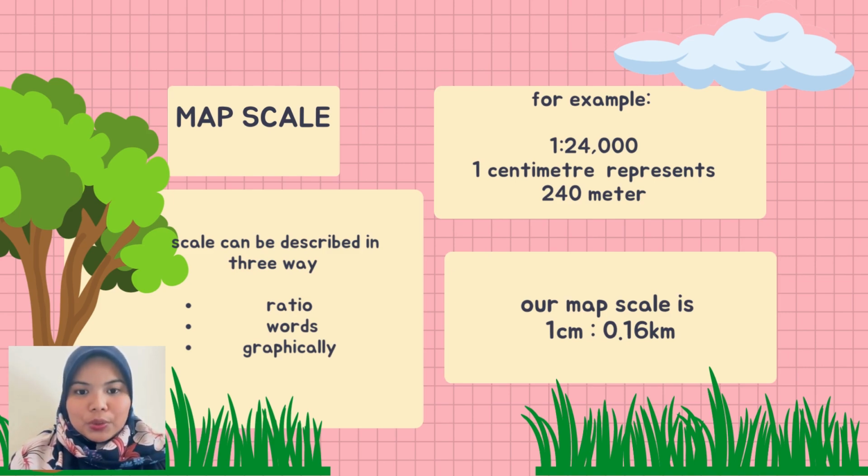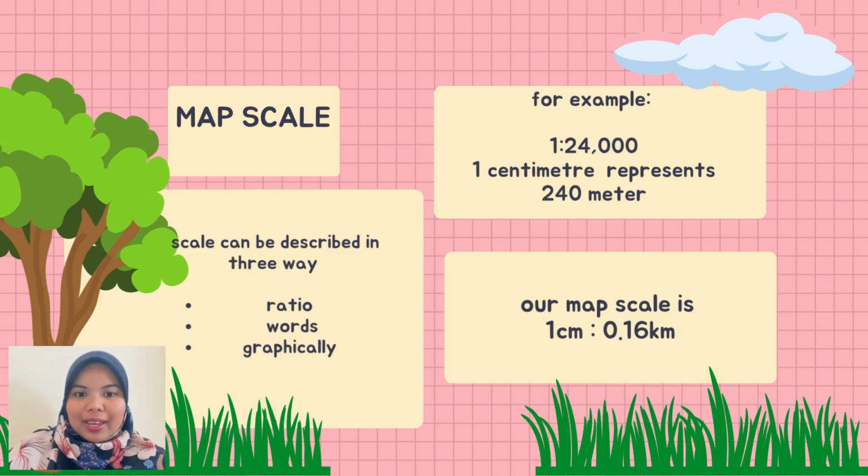When you use a ratio, you will take a number, 1 ratio 24,000. Number 2 is words. In words, you can say 1 centimeter represents 240 kilometers.